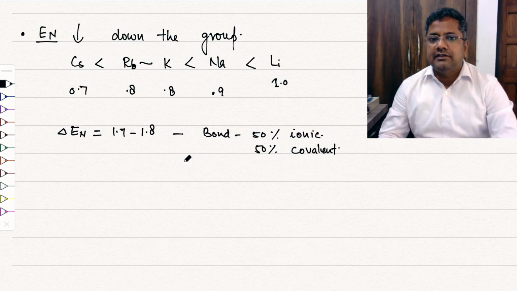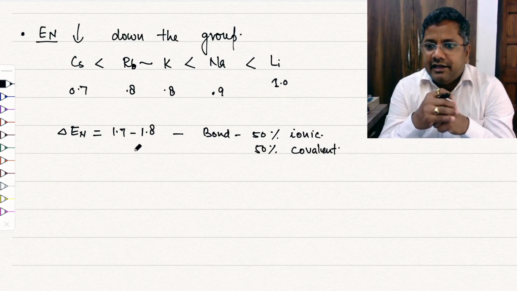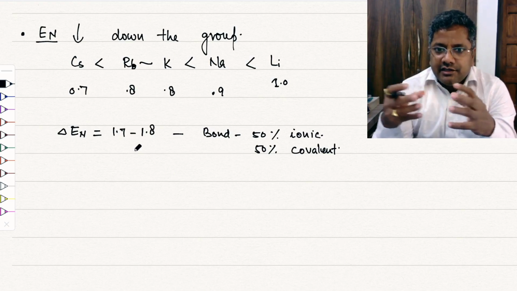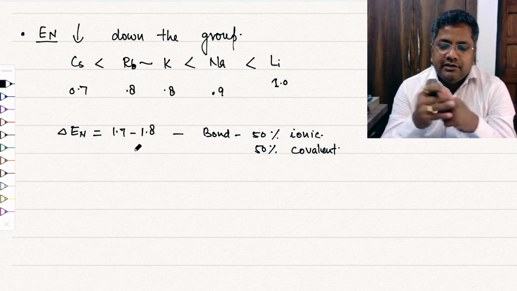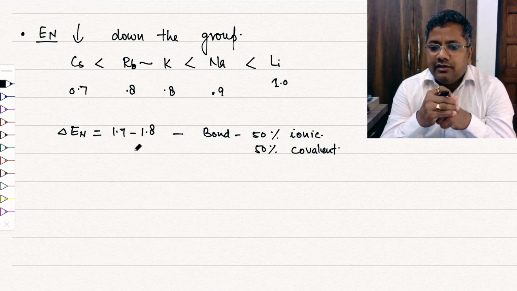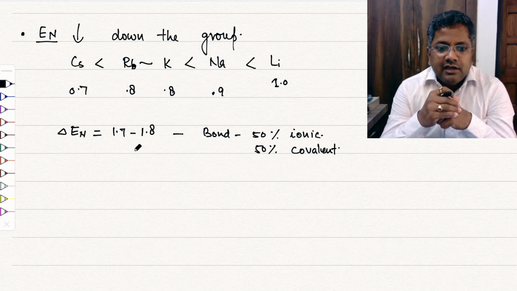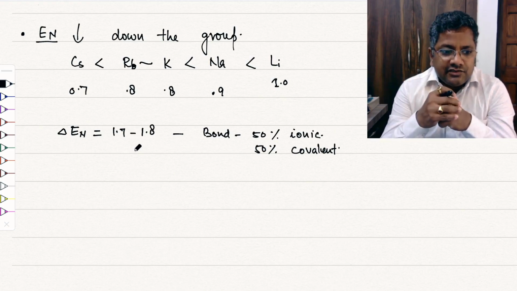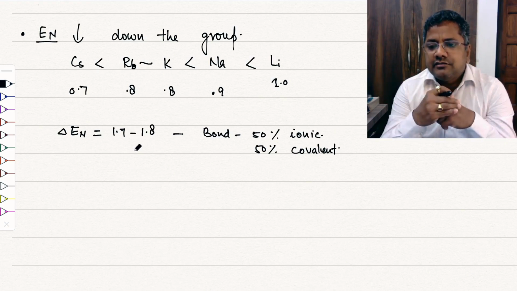So if the electronegativity difference between the combining elements is close to 1.7 to 1.8, you have 50% ionic and 50% covalent character. And if it exceeds 2.1, you can say it is ionic.